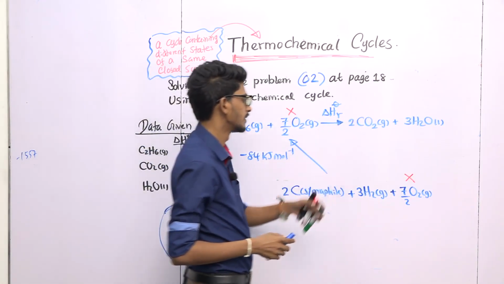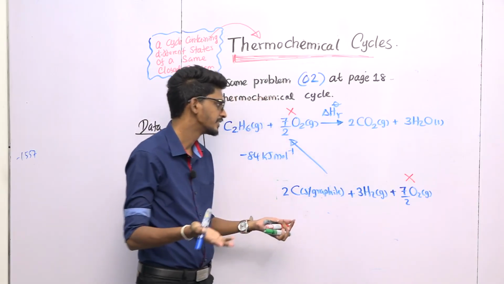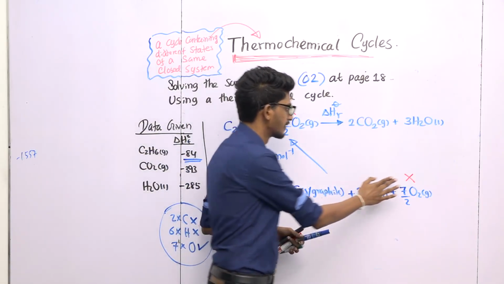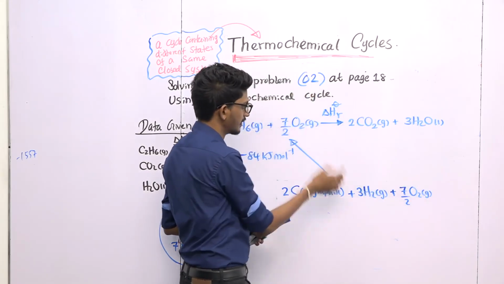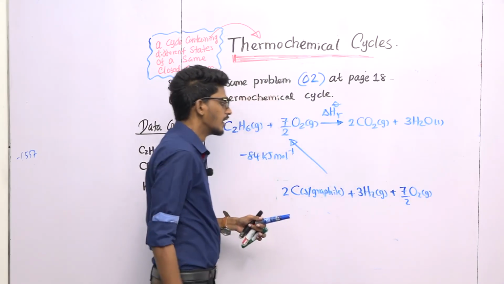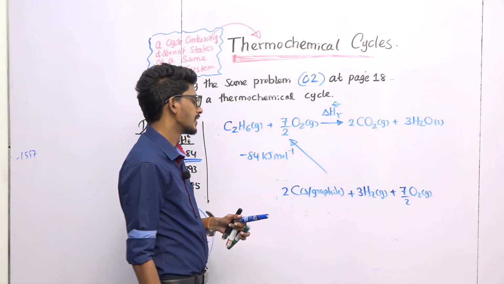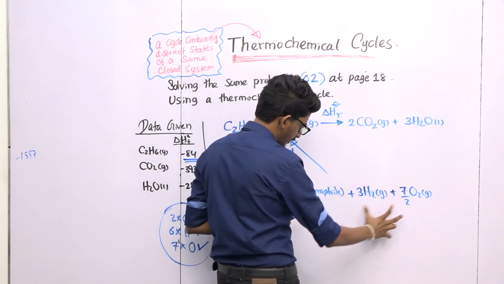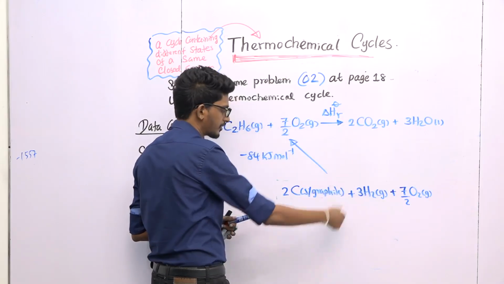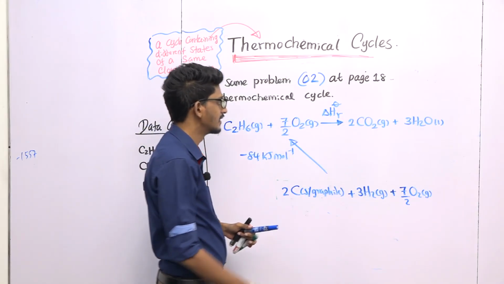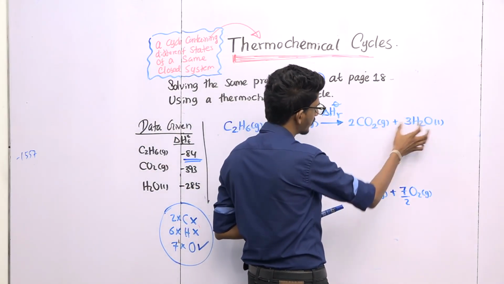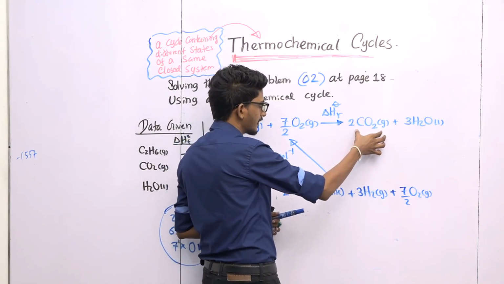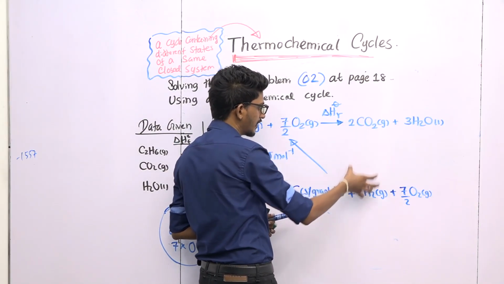Converting this to here. First, see the unchanged species. Basically, there is no unchanged species when converting this to this. All are changed, right? These are the reference forms of some elements, and here you have 2 compounds with those same elements.